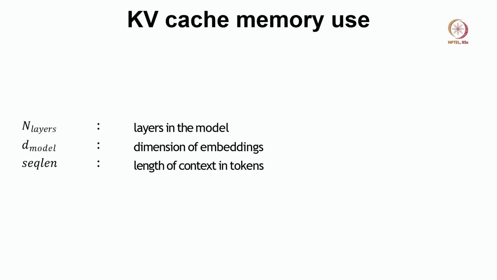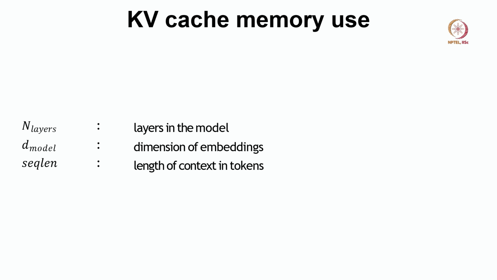D model is the dimension of the embeddings. Sequence length is the length of context in tokens. When we say length of context in tokens, that means however many tokens have been generated so far, or, if it is a decoder-only model, however many tokens are there in the prefill.